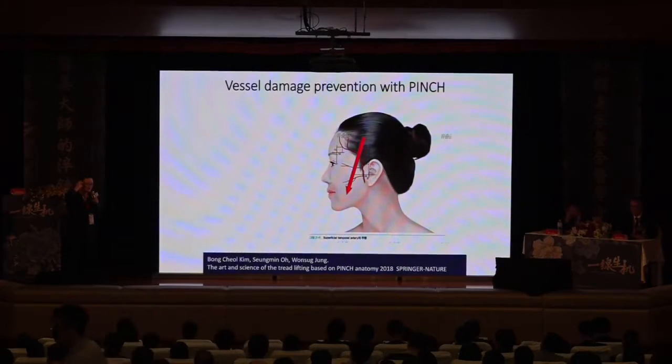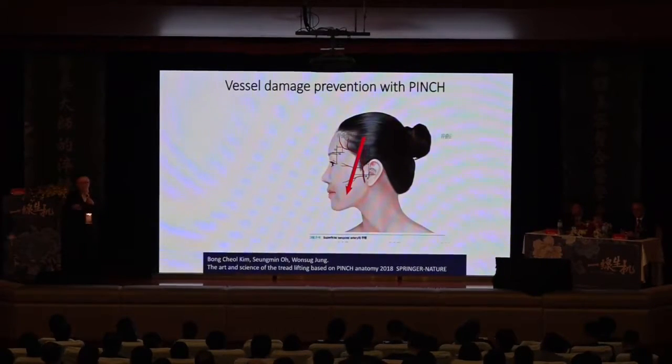But in this area, the zygomatic orbital artery area, the superficial temporal artery area, it is somewhat no problem, because transverse vessel damage is easily stopped by vasoconstriction.